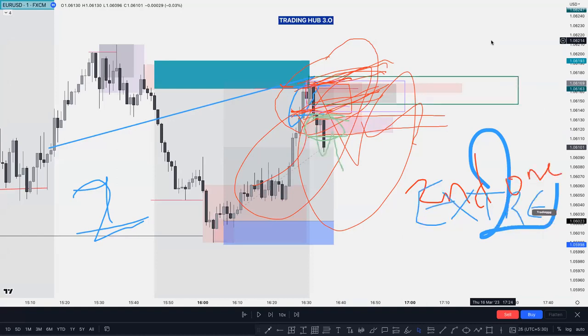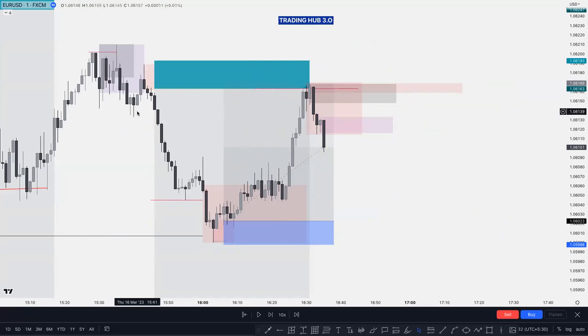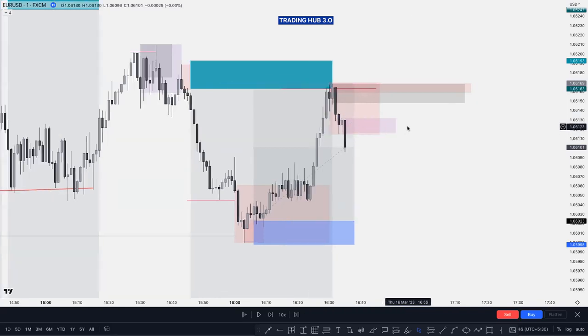Extreme number two. Okay. Exactly. This one is much higher probability because this order block also took out the liquidity, and this is an extreme, and this one is just a normal order block inside. There is no pullback, no liquidity taken out. So this is a very low probability order block for this sell, right?